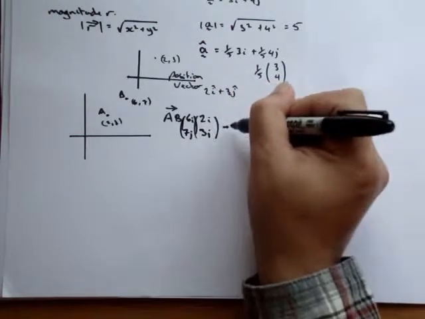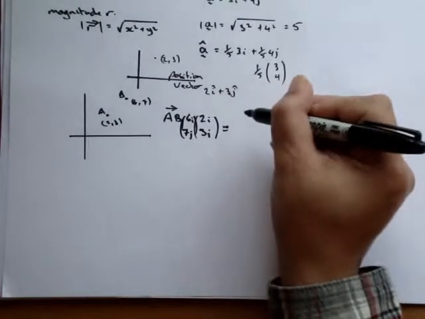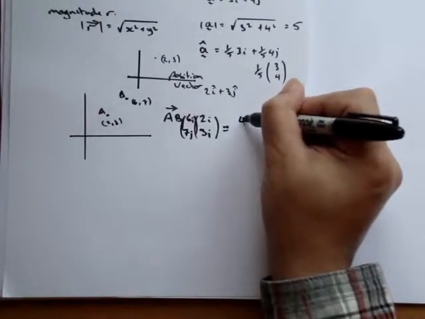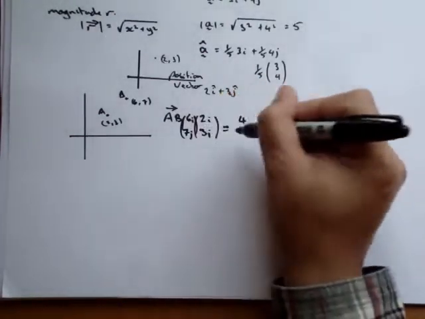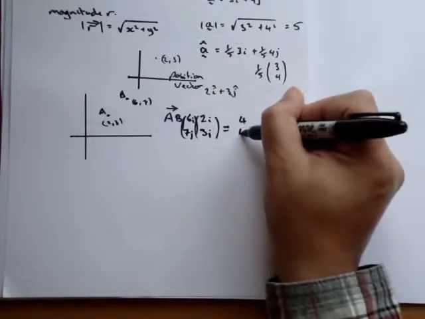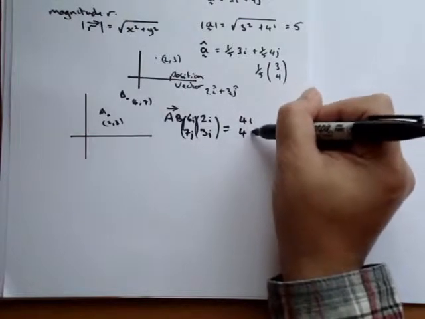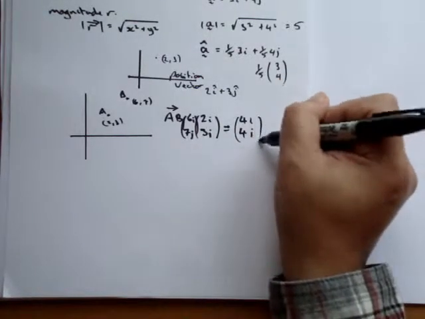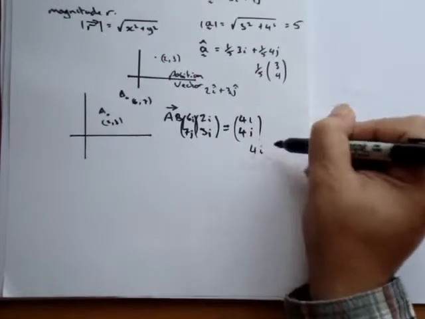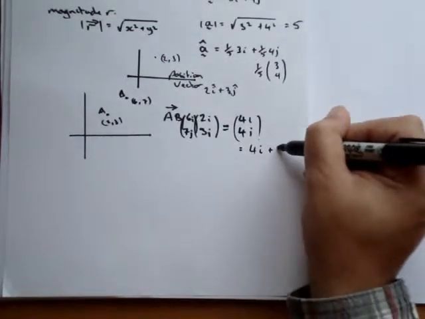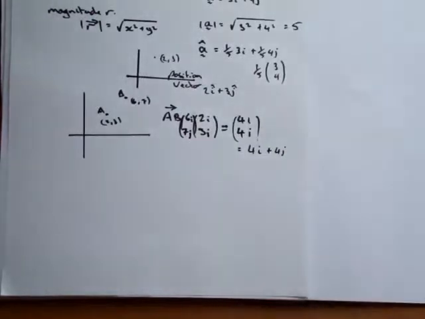Okay, and subtract the 2, and then 6 minus 2 is 4, and 7 minus 3 is 4. So when we do that, we get the answer 4i plus 4j.